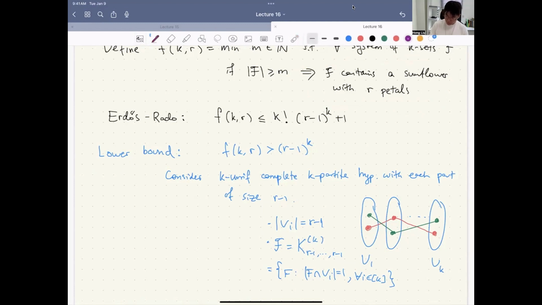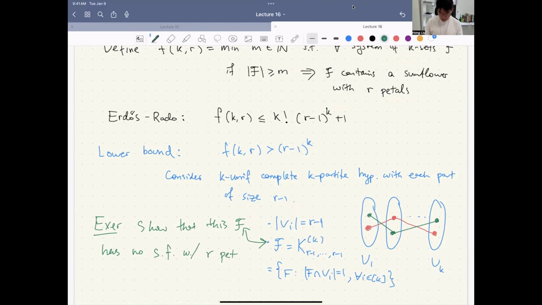Exercise: show that this F has no sunflower with r petals.